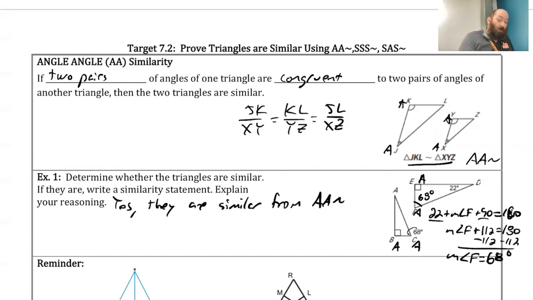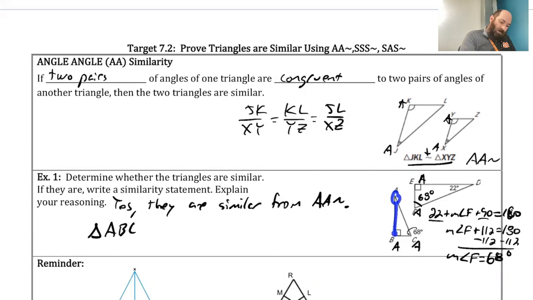It also asks for a similarity statement. It works just like a congruency statement. The only difference is we're going to use that little squiggly line. We're not going to do the congruency symbol with an equal and a squiggly. It's just the squiggly line. So when I look at this, I just got to make sure everything lines up just like we did before. So if I say triangle ABC, I'm starting here.